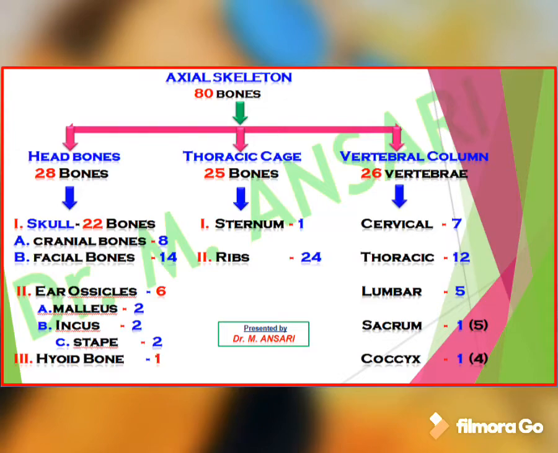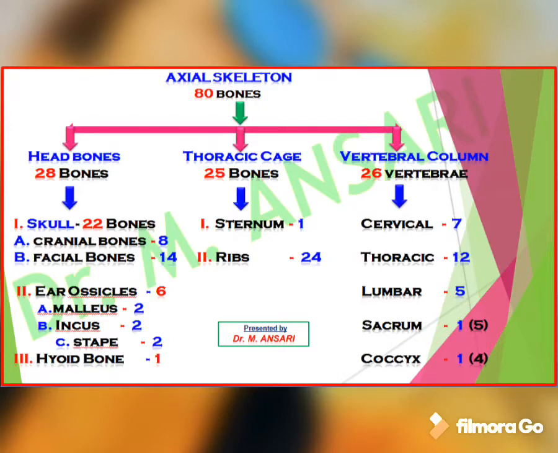The first one is skull, second one is ear ossicles and third is hyoid bone. In the skull, according to NCERT, 22 bones are present. These 22 bones are due to the presence of 8 bones of cranium and 14 bones of facial region.